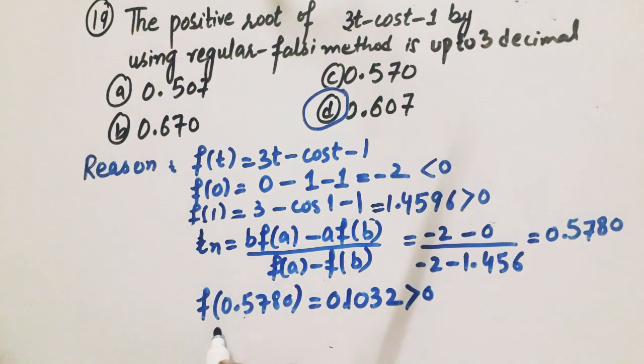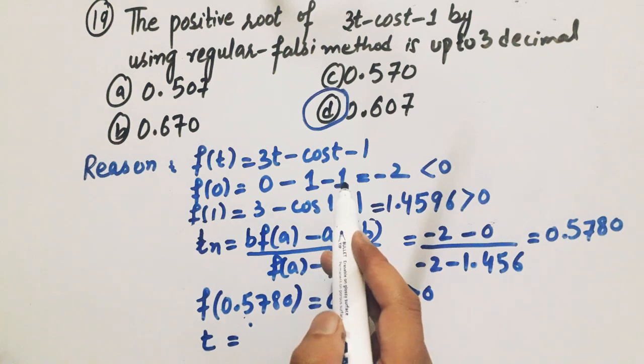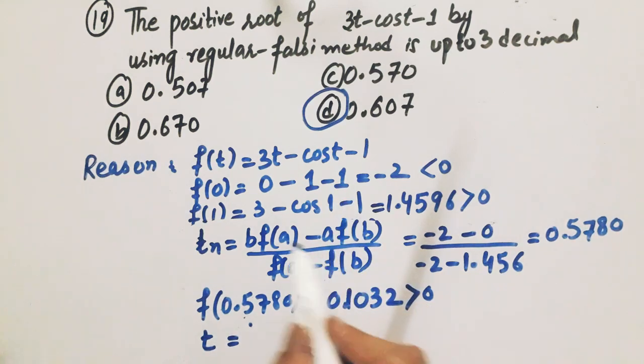Again you apply the formula on this when you take the next value. Now this will be a and this will be b.